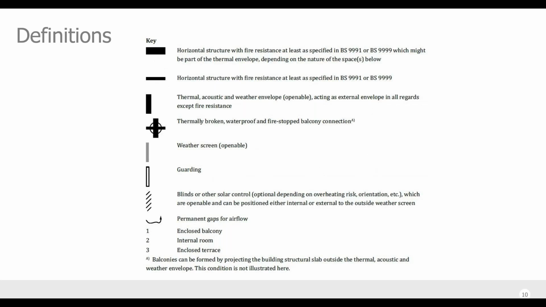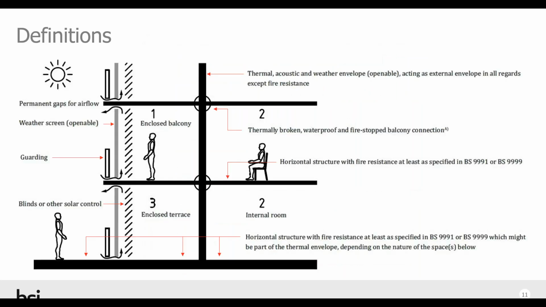The various elements are keyed up, which, if we look at the next slide, we'll see the key and the drawing together. So just to explain this a little bit, we've got the three types of space: the enclosed balcony, the interior space, and the enclosed terrace.